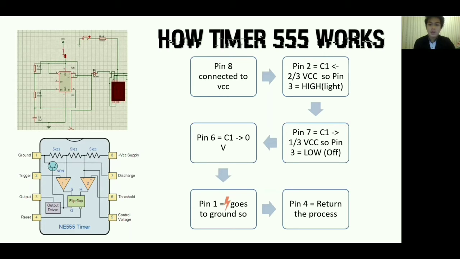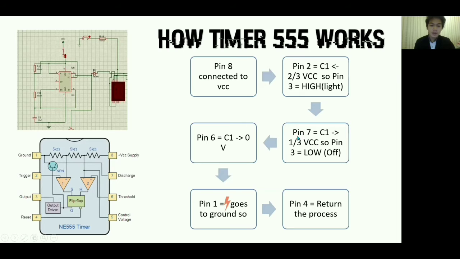the internal transistor located at pin 7 will be active so that the charge at C1 is discharged to pin 7 only through R2. The voltage on C1 is discharged until the value is slightly below 1/3 VCC, or 1.6 V. When capacitor C1 discharges its charge, the output pin 3 of the IC will change to low.